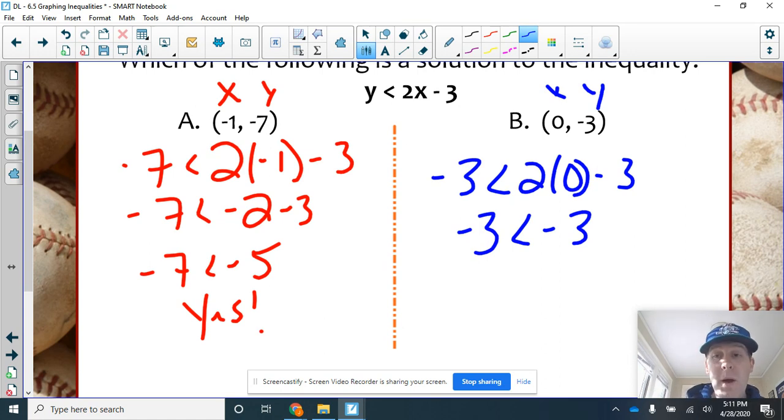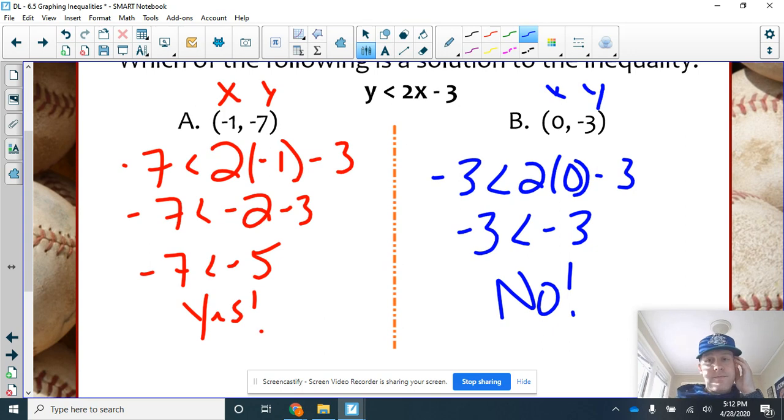If this were an equation, this would be true, because we would have had an equal sign and -3 does equal -3. If this was an inequality that said y is less than or equal to 2x minus 3, this would be a solution. But since it's just less than, -3 is not less than -3. Therefore, no, this is not a solution.